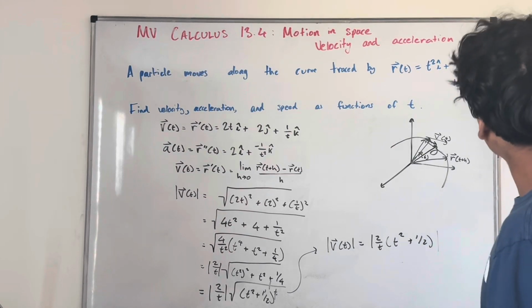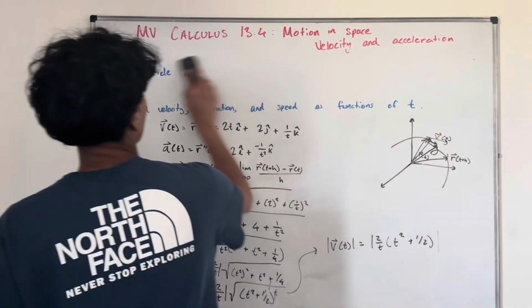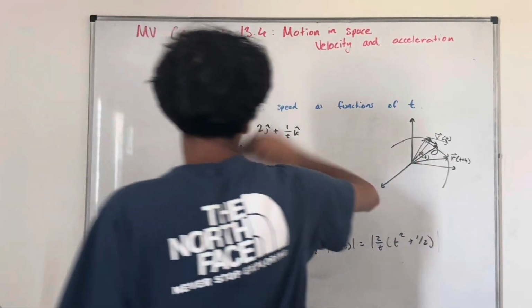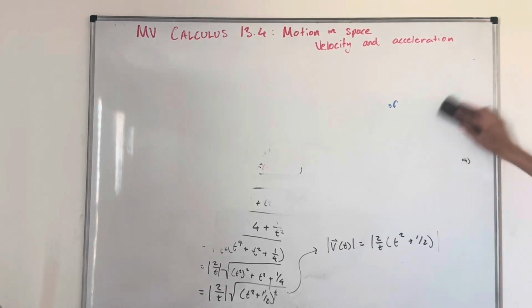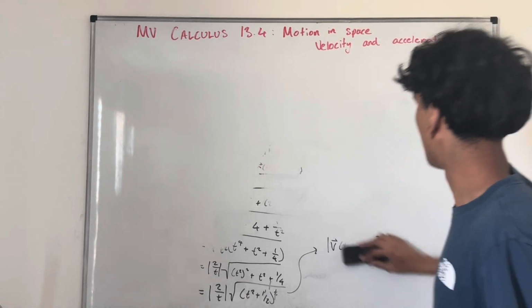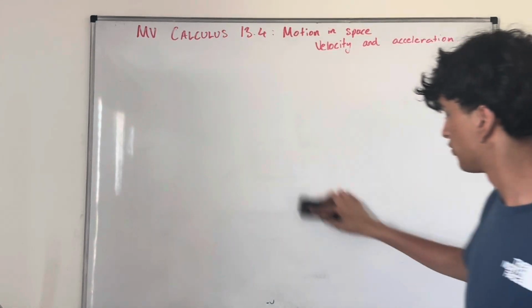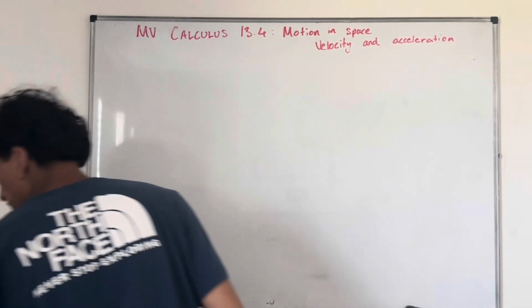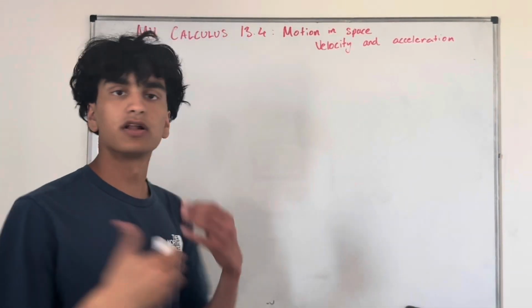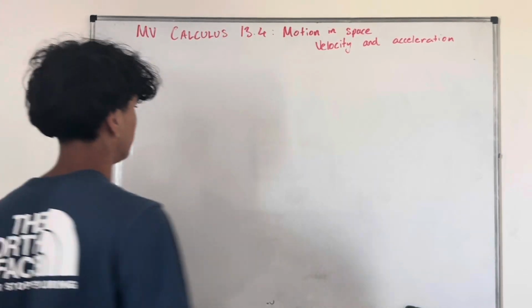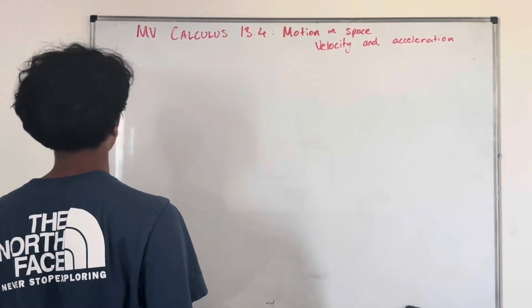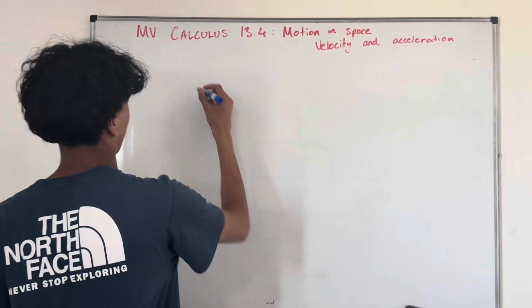So now what we can talk about is acceleration. What we can show is that if you had a vector function, let's just say we're going to look at 2D here, you'll see in a second.